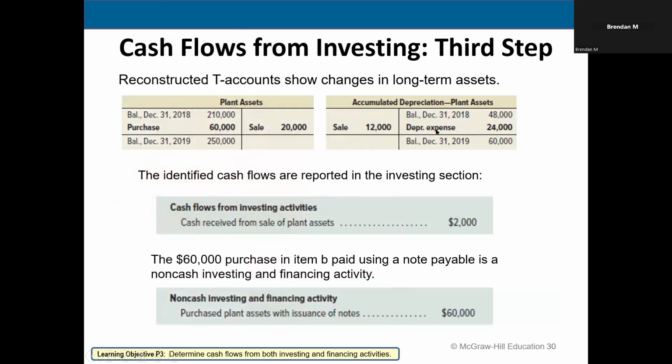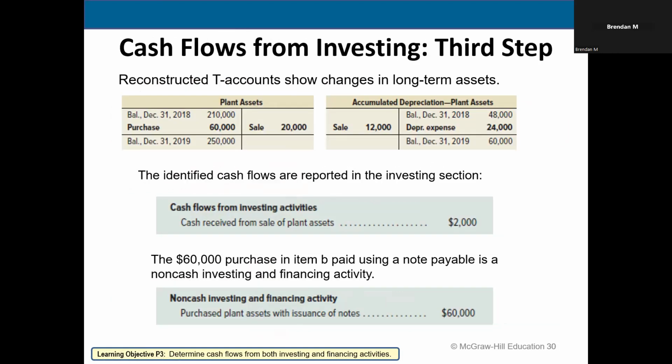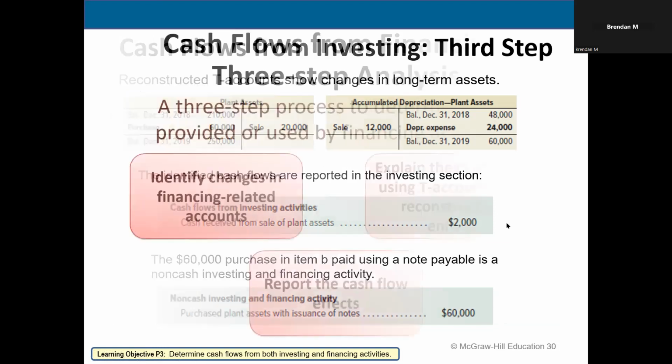Accumulated depreciation, that's where you're going to dig out the depreciation expense. Cash flows from investing. Cash received from the sale of fixed assets. They gave us that over here, I do believe. Right here, sale of fixed assets.